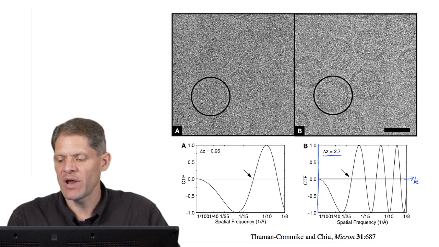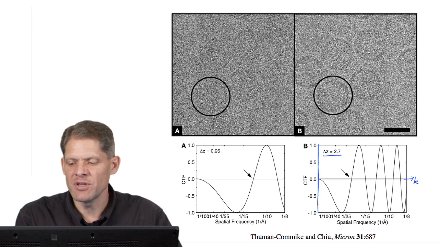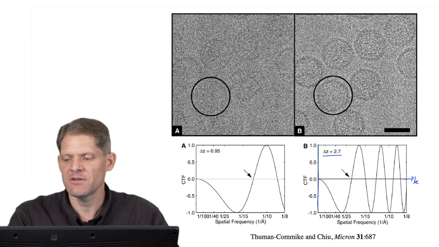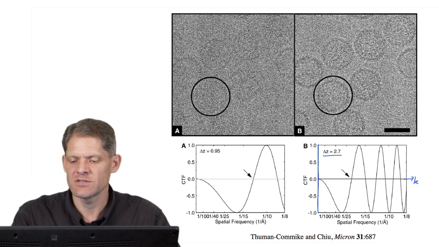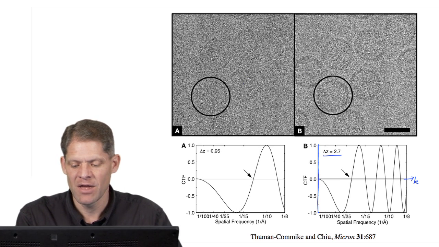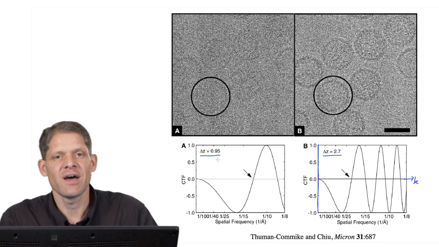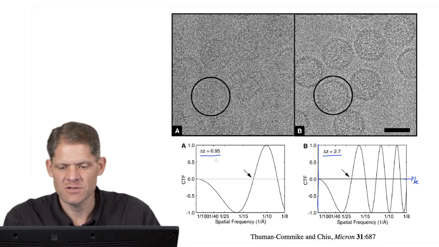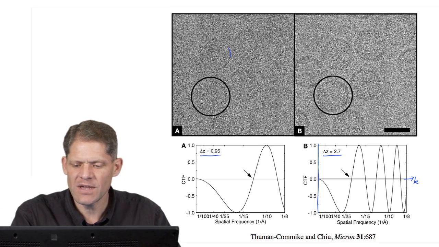Now this can be compared to another image of the same field of viruses. So these same viruses, they just imaged it a second time, but this time with an underfocus of only 0.95 microns. And now you can still see the viruses. Here they are.